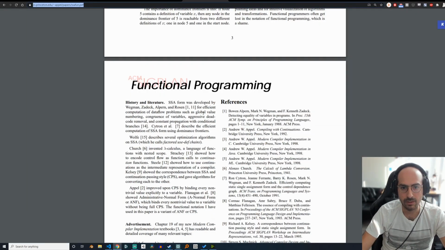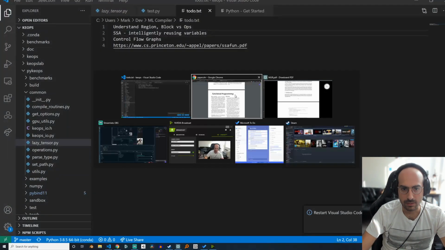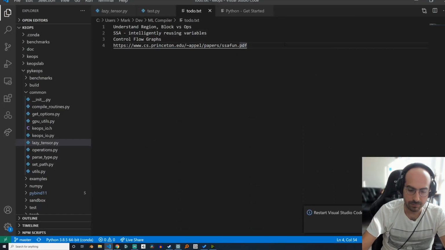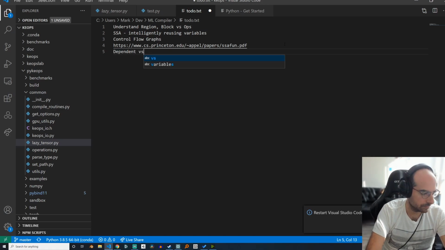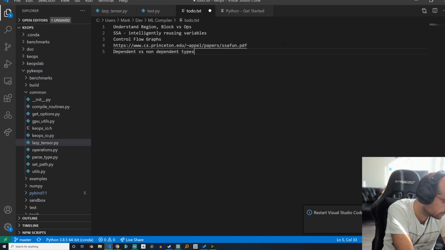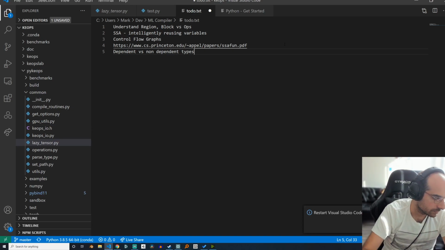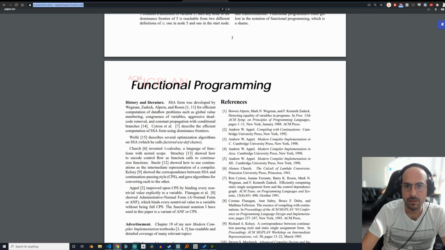Okay, so see dependent versus non-dependent types.